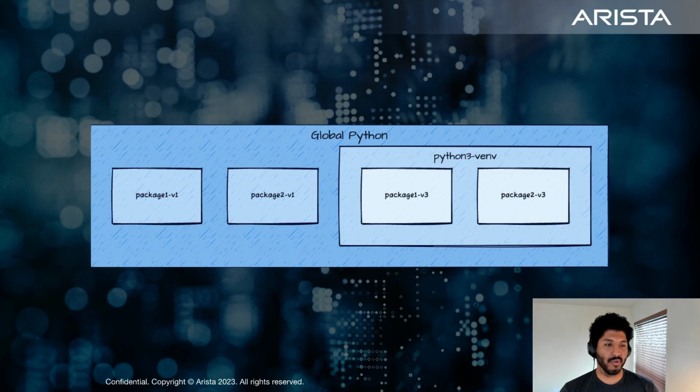So in this case, we rely on Python virtual environments to package all of our requirements for a project into one contained area. In this Python 3 venv project or virtual environment, we have package 1 on version 3 and package 2 on version 3. So you can see how we can separate the dependencies between the global Python installation and installation specific to our projects.